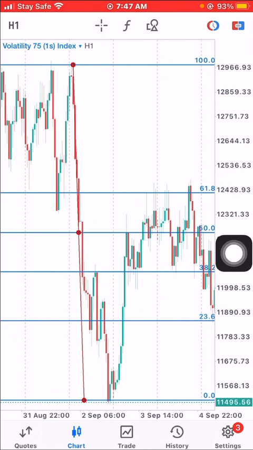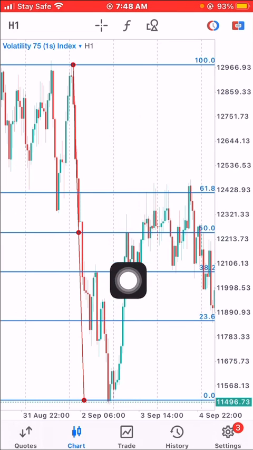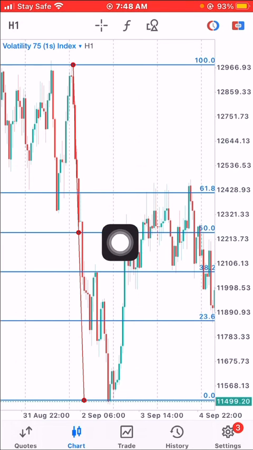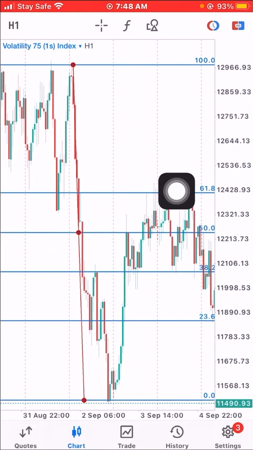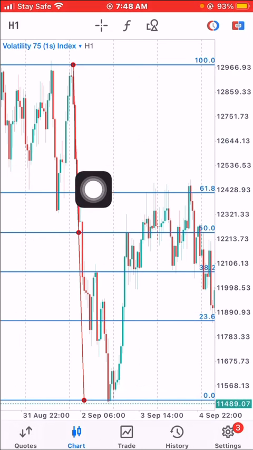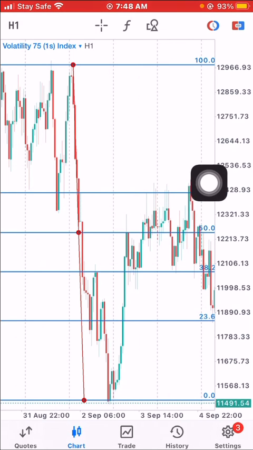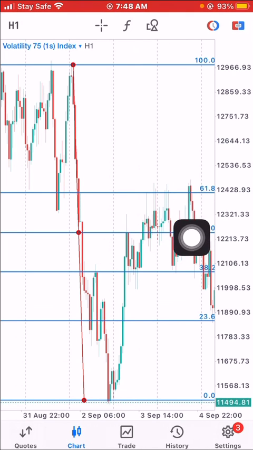Then the market came and reacted to this 50% retracement level. It also pushed up higher to retest this 61.8% retracement level, which is exactly the breakout level. So immediately I get my confirmation from here. The market was unable to break above this 61.8% retracement level, and I got my confirmation.